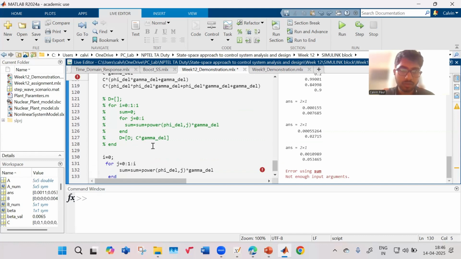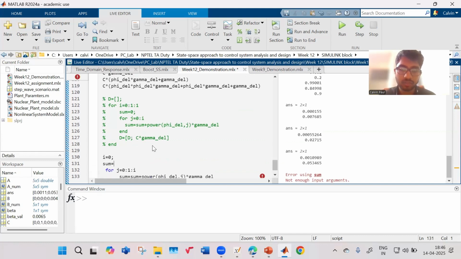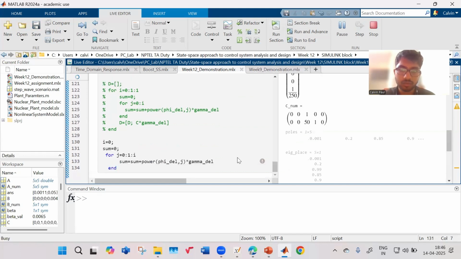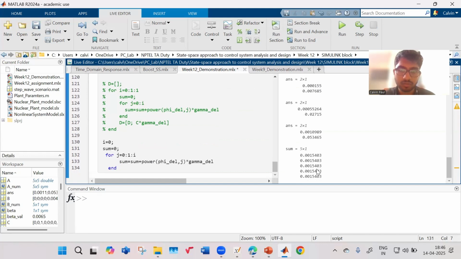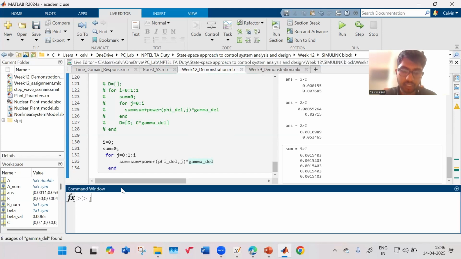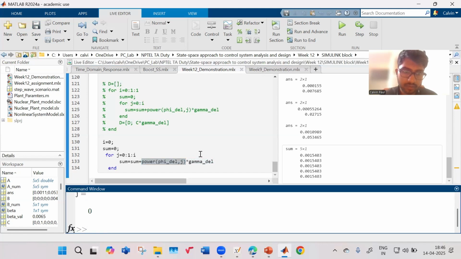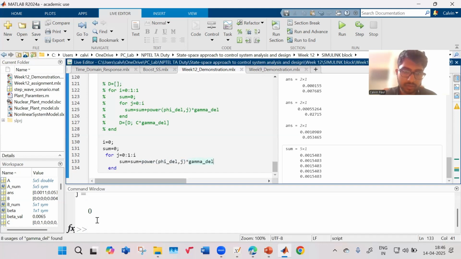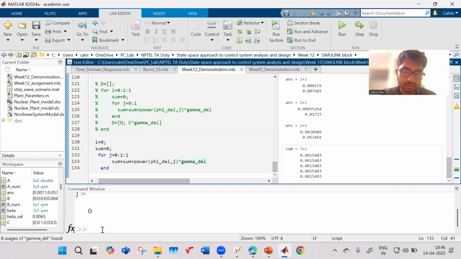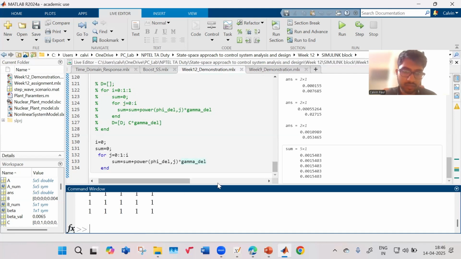So output sum is equal to 0. Then this section, sum comes out to be like this. Why is it coming like this? So what is the value of j? 0. Power of phi del is power of phi del over 0.